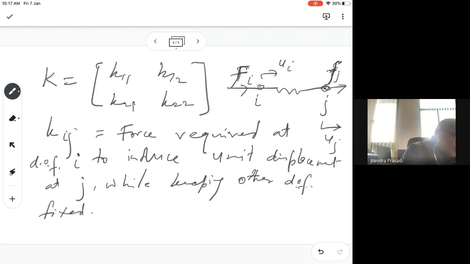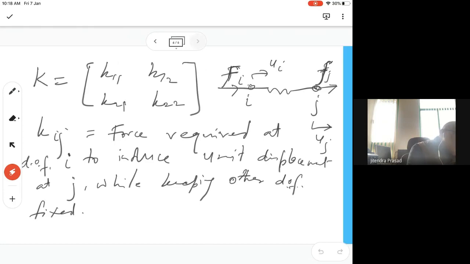So the force required at degree of freedom i to induce unit displacement at j, while keeping other degrees of freedom fixed. Here we are just talking about i and j only, and in this case only two. If we have more degrees of freedom for the same element, then we have to fix the others.